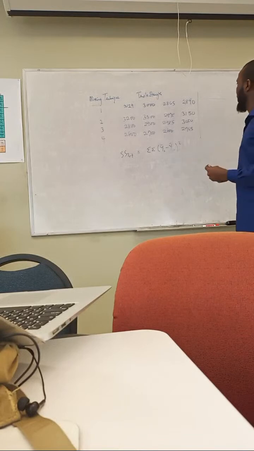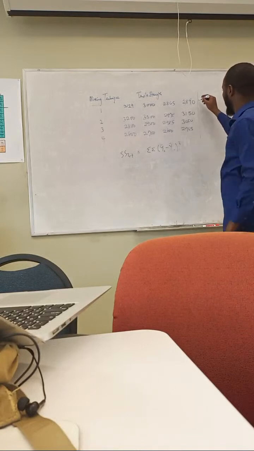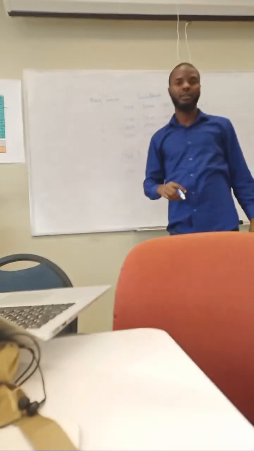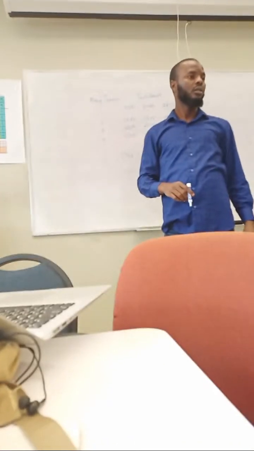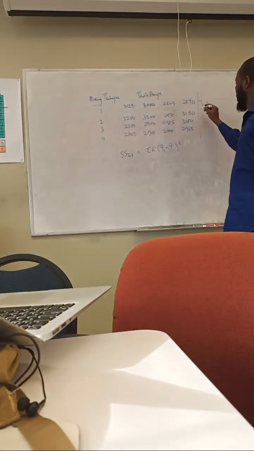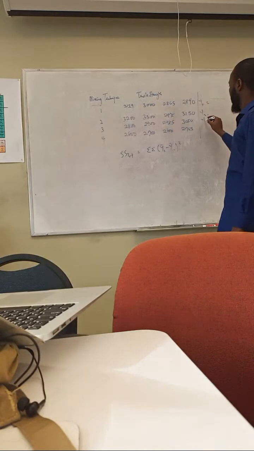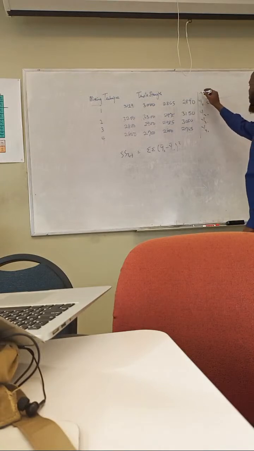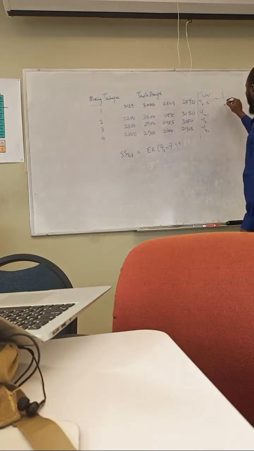So the first thing we have to do is get our y_i dots. I think we have a calculator here. Our y_i dot is the sum of each treatment: y1 dot, y2 dot, y3 dot, y4 dot, for the total and for the average.